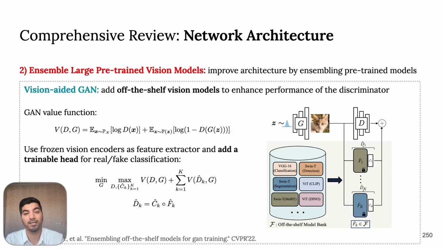And the idea is that because these powerful vision models have a very strong knowledge about the image itself, they can be used for real and fake classification. And how this vision-aided GAN is using these vision models is that they discard the classification head of these vision models and they add another trainable head for real and fake classification.